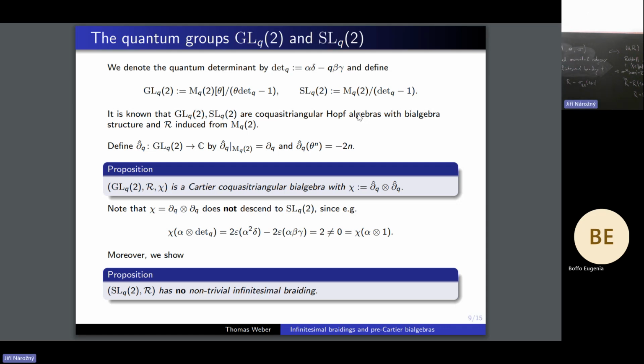And we don't really understand what this means. This is basically telling us that it is not possible to take a first order deformation of the braiding of SLQ2, but I don't know what is the reason behind it. Anyway, next slide, please.